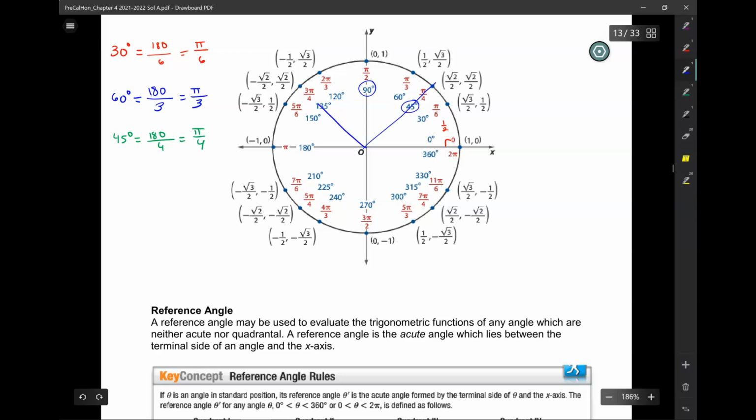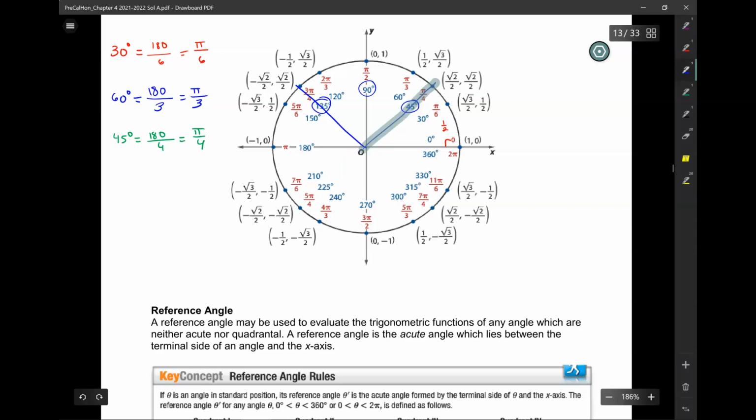If I make a 45-degree angle there, it passes through the 135. So it's all of the ones that end in a 5, basically. Then 225, then 315. Okay? So look, all of these are 45-degree angles with the x-axis. Okay?